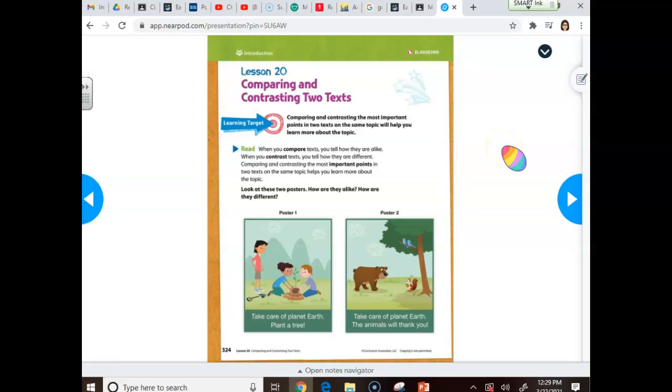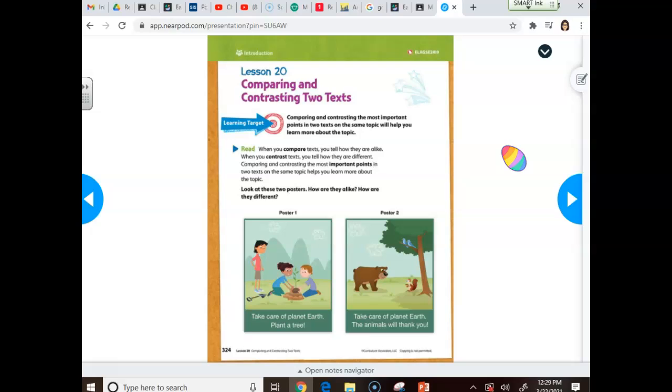All right, guys, when we read, sometimes we can read two different books or two different articles that are about the same thing. When we do that, we can compare them. That means see how they are alike, or contrast them, see how they're different.